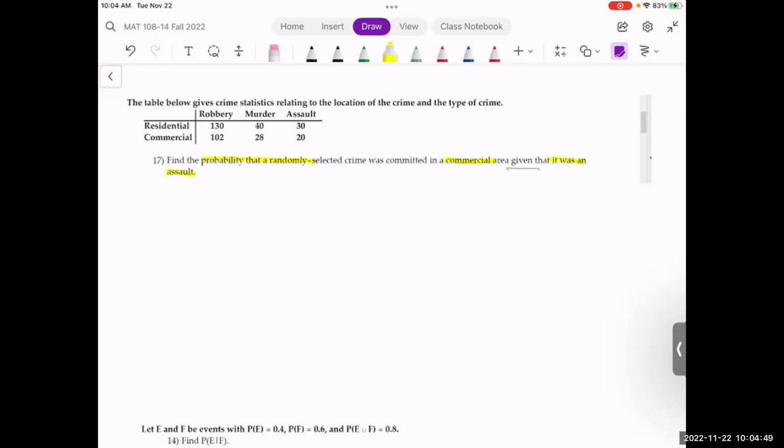If I'm going to write it down as a probability, it's the crime given assault, right? Whenever you are doing this kind of conditional probability, your universal set will become the assault set. So you're going to go here, and this is going to be your universal set.